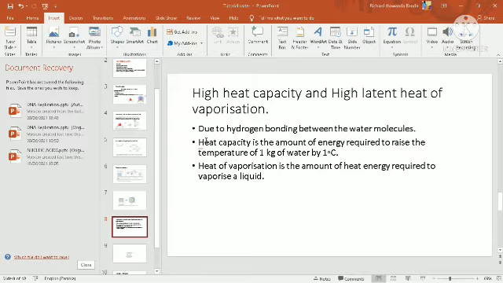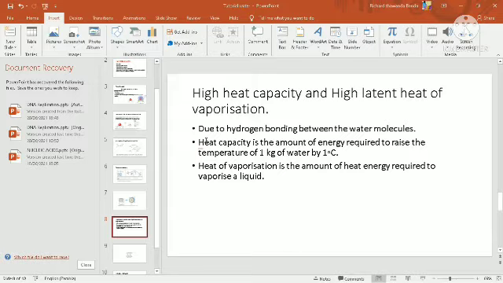So water has a high heat capacity due to the fact that when energy is applied to the water molecule, that energy is first used to weaken the bonds between the water molecules before it can increase the temperature of the water in general.